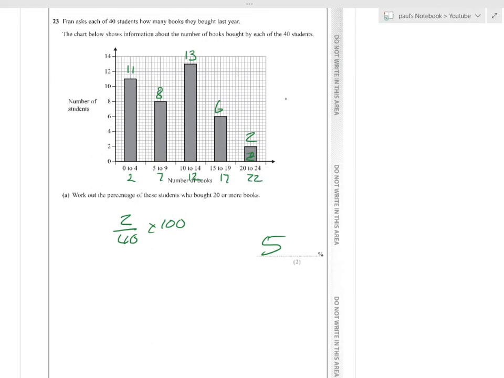So I'm going to do it up here, yeah? 11 times 2 equals 22. 8 times 7, 56. 13 times 12 is 156. 6 times 17, I don't know where we're going with this big number.